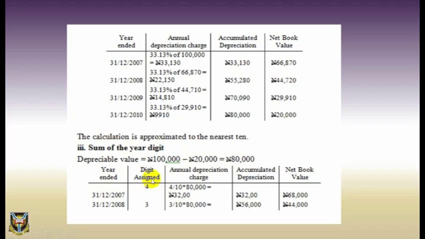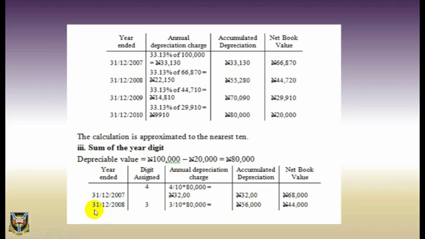Digit assigned 4. Annual depreciation charge 4/10 times 80,000 is equal to 32,000 naira. Accumulated depreciation 32,000 naira. Net book value 68,000 naira.